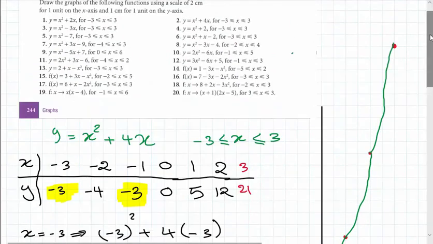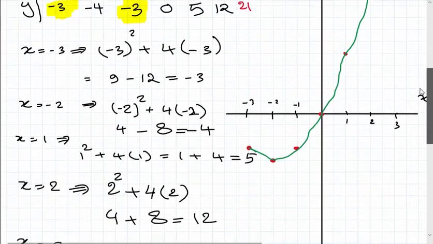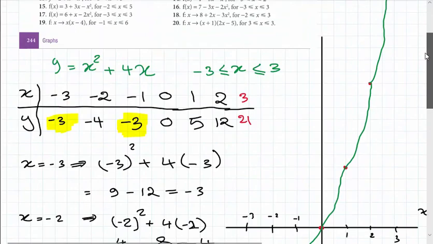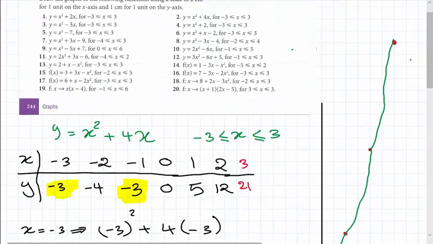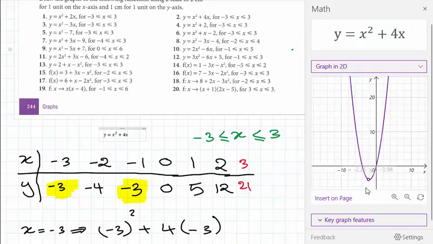Okay, we did the graph freehand, roughly. The curve looks like this, and let's do it with the software. Now let's draw the graph of this quadratic equation, y equals x squared plus 4x, and see how close we are to the proper one.